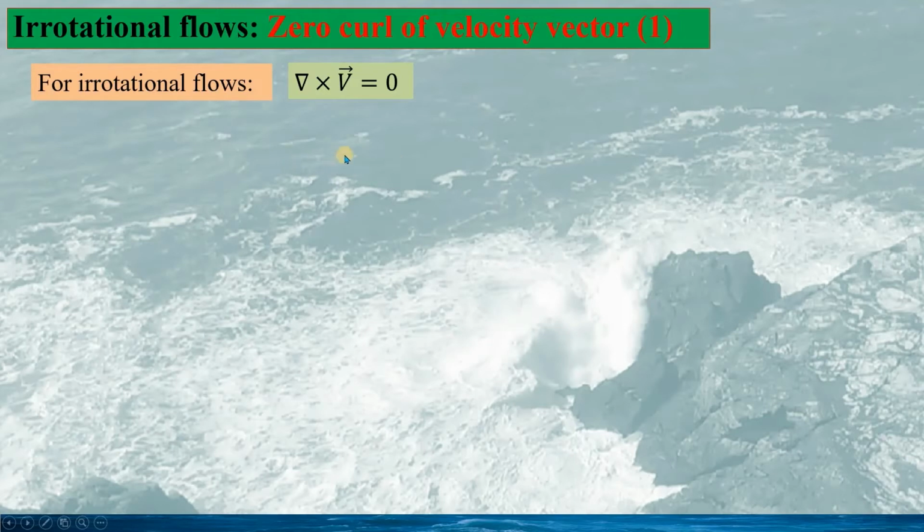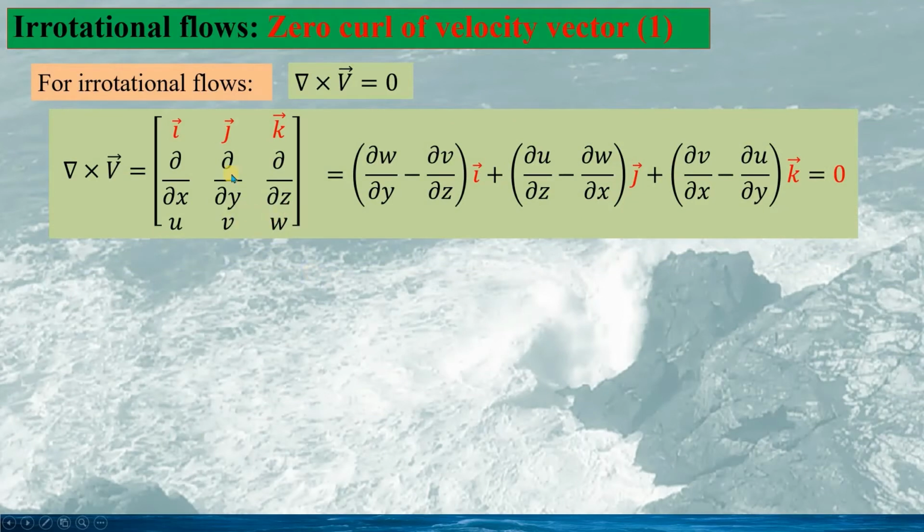Based on the assumption of irrotational flow, the curl of the velocity vector is 0, given as this. And we can calculate the curl of the velocity vector given as this determinant. Here, the unit vectors i, j, k are the unit vectors around the x-axis, y-axis, and z-axis respectively. And the detailed calculation of this determinant would be given as this.